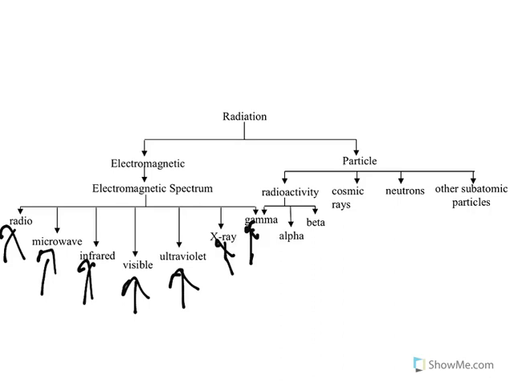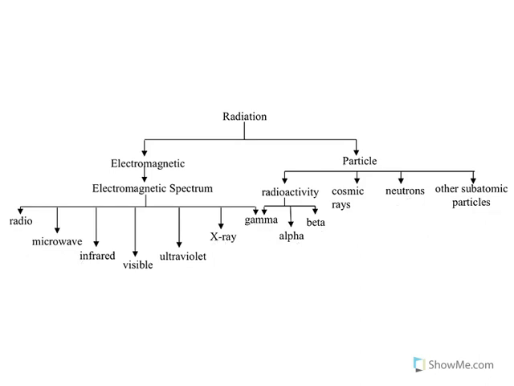Then there are some particles: neutrons, cosmic rays coming from outer space, then radioactivity, which is alpha, beta, and gamma. So there are our different radiations.